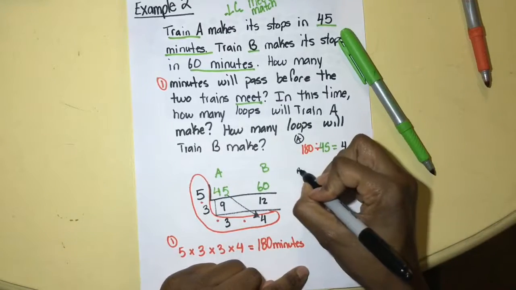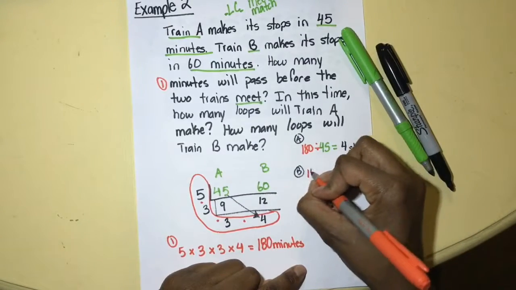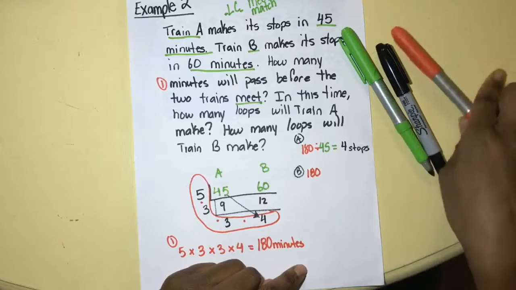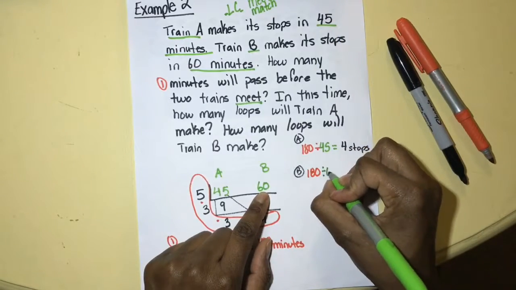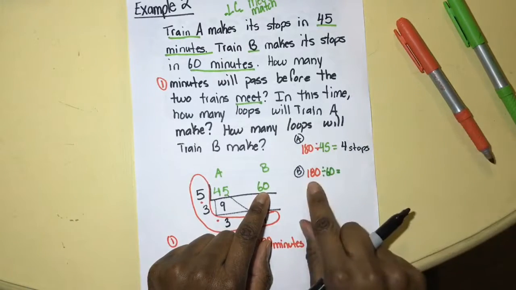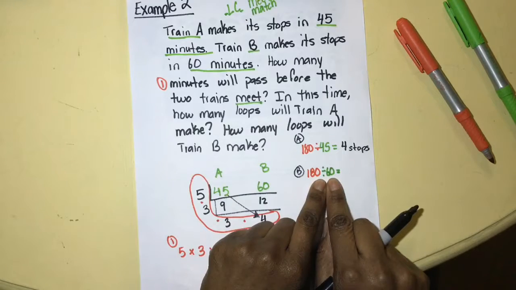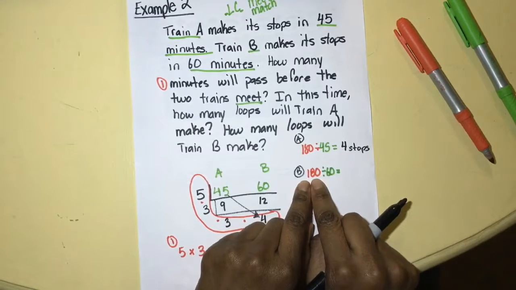So let's look at train B. If it's going to take 180 minutes for them to meet, and train B stops every 60 minutes, 180 divided by 60. So how many 60 minutes are in 180?